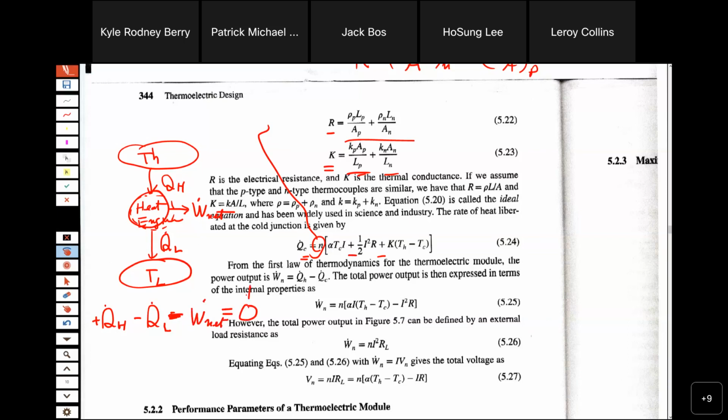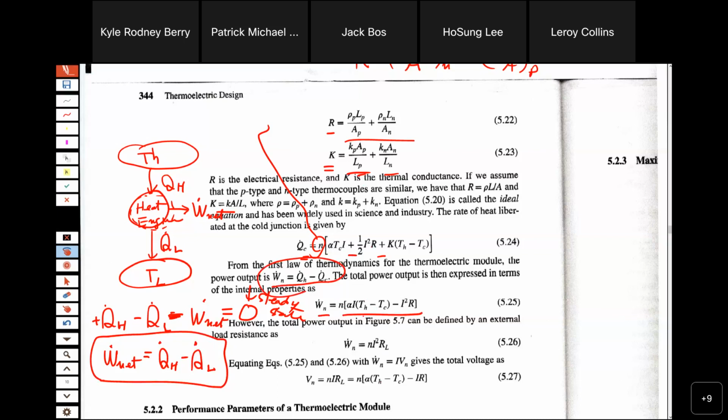Why? Steady state. We just consider steady, so no storage. So net work is always QH minus QL. This is what happened here.